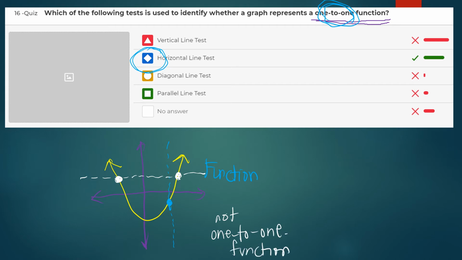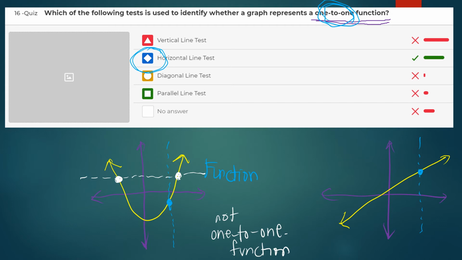I'm going to give you an example of a one-to-one function. So for example, meron tayong ganyan. Okay, so we have the horizontal and vertical axis. And then let's say for example, we have this given graph of a linear function. If we're going to test this using the horizontal line test, it intersected the graph at exactly one point.